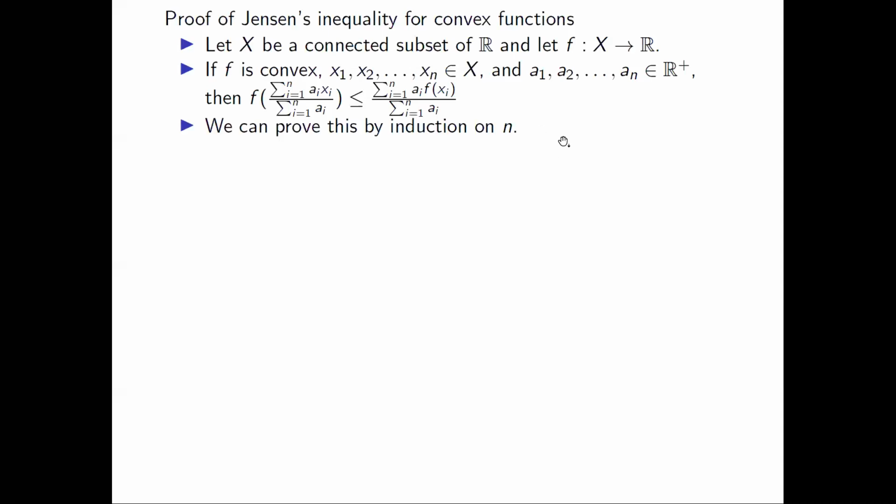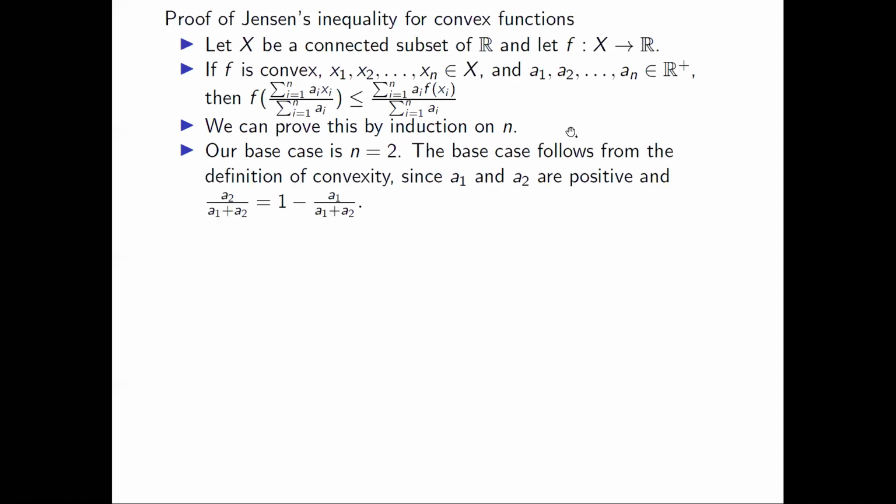In order to prove it, we're going to use induction on n. We're going to start with n equals 2. N equals 2, like we mentioned on the previous slide, follows immediately from the definition of convexity.